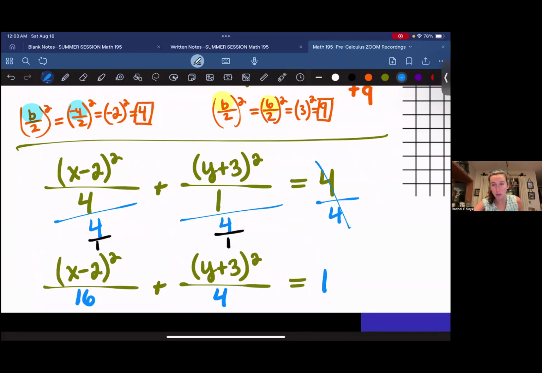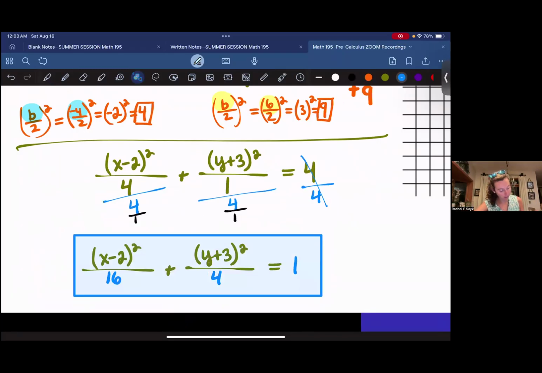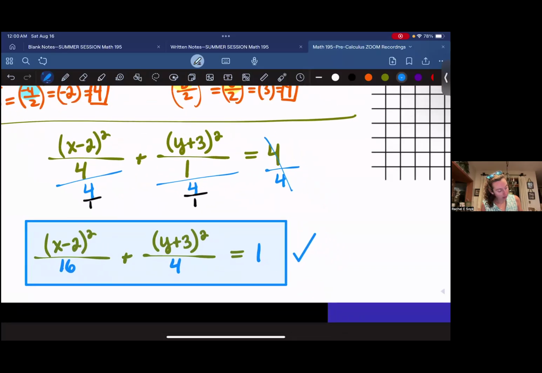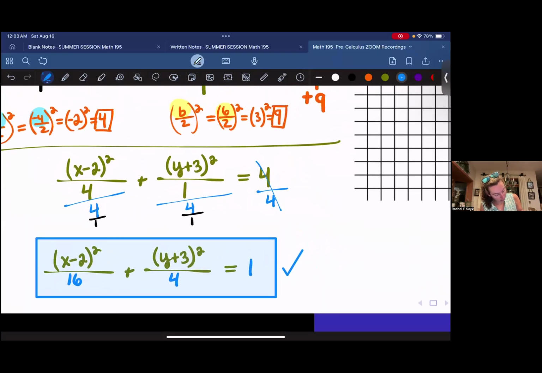Let me shrink this so you can see it a little bit more clearly. Much better. And we can clearly state, okay, our center point is 2 comma negative 3.